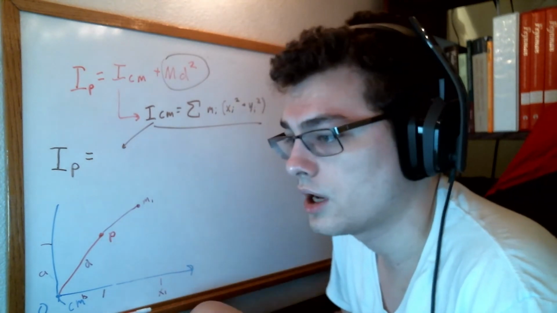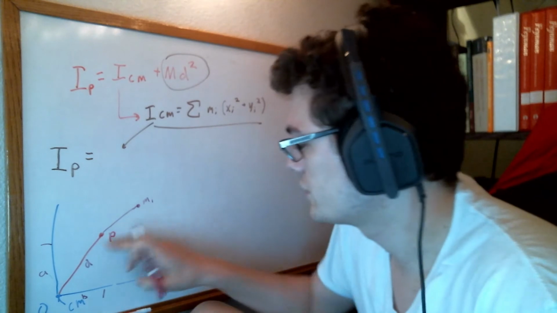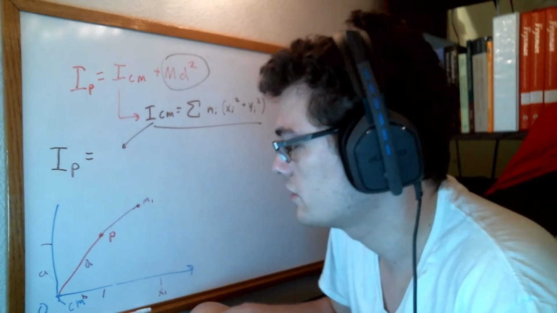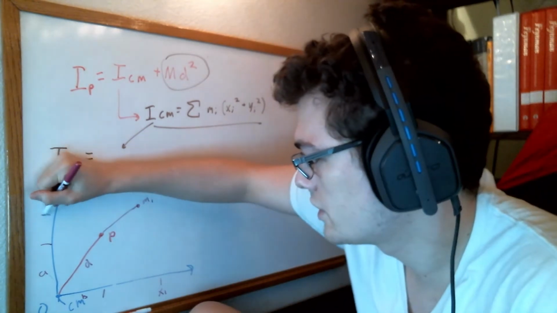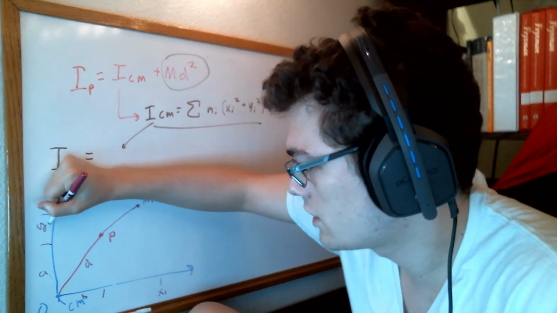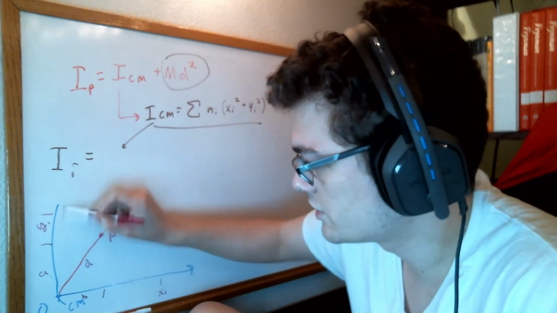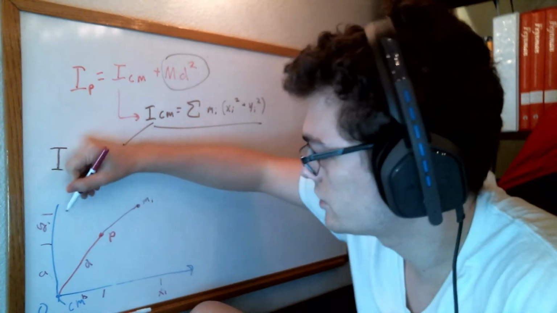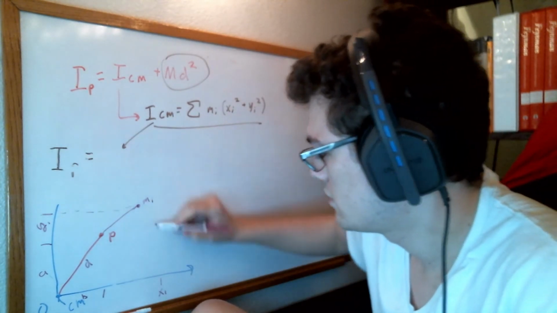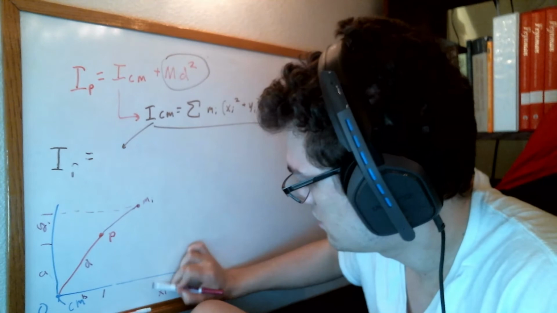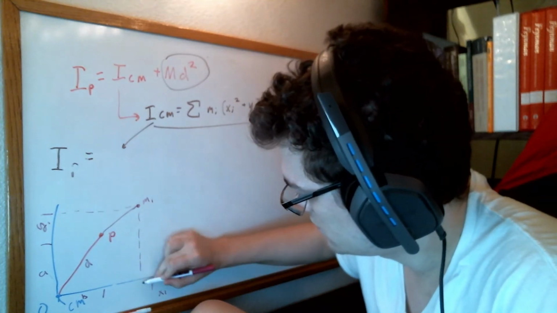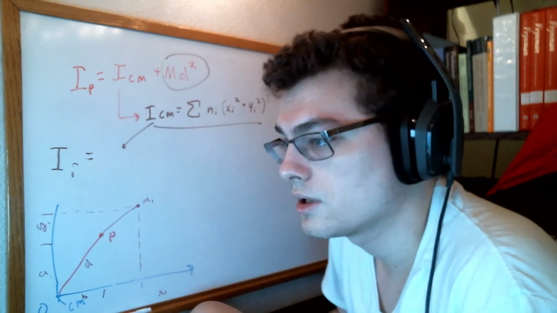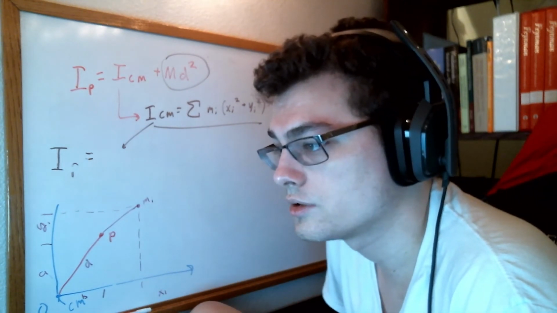So then this distance here is going to be XI minus B, and this distance in between here is going to be YI minus A. And so this is going to be MI, so we can put some dotted lines here. Okay, so we've got mostly everything denoted here.